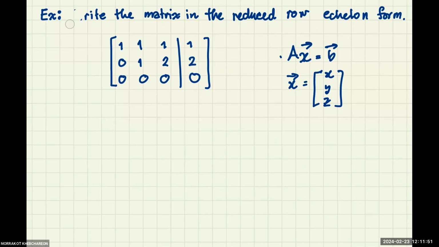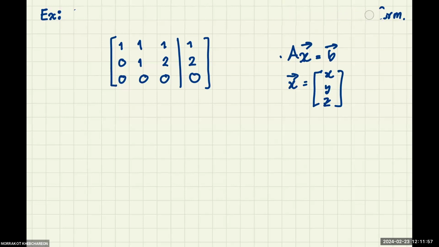This is already in reduced row echelon form, and I want to write down the solution.